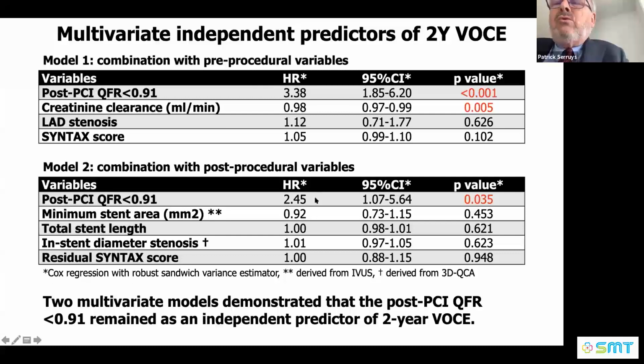And if you do a second model combining pre-procedural and post-procedural, then you see that again, the post-PCI QFR with a cutoff criteria of 0.91 increased the risk of late events by a factor of 2.45, and it's significant. For the rest, the other parameters were less significant, or at least overshadowed by the QFR. Next.